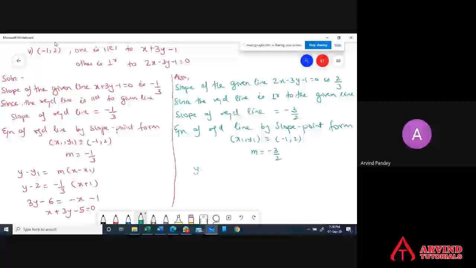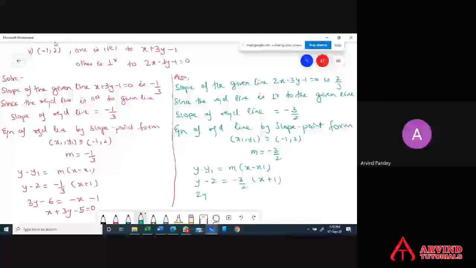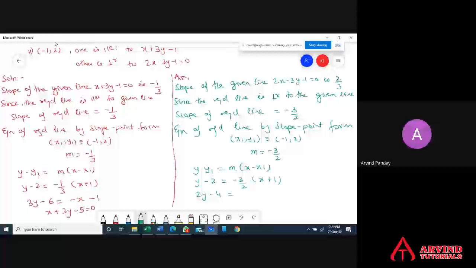So it is y minus y1 equal to m times x minus x1, which is y minus 2 equals minus 3 by 2 times x plus 1. So this will be 2y minus 4 equal to minus 3x minus 3. So it will be 3x plus 2y minus 1 equal to 0.